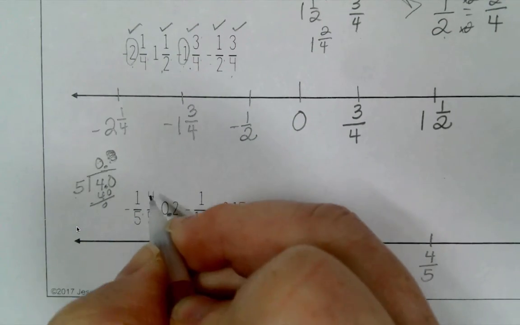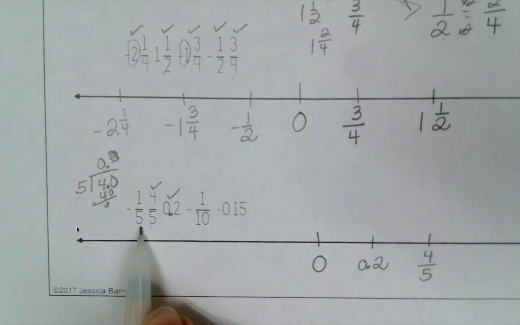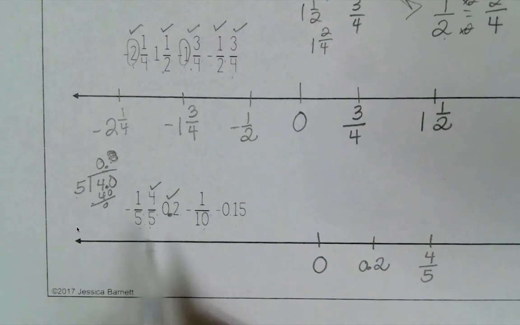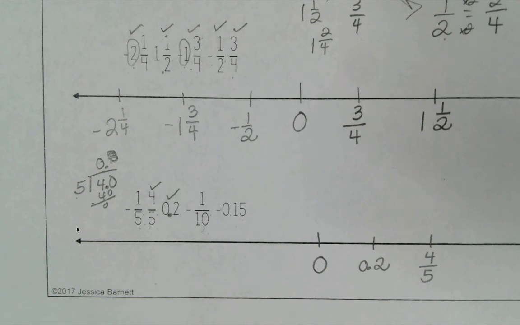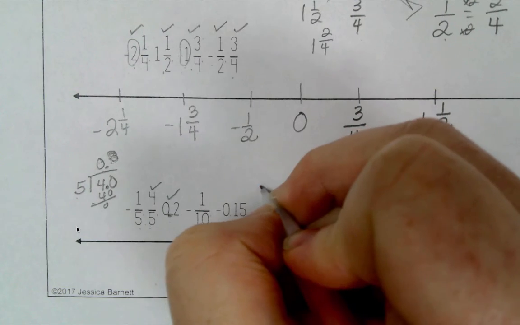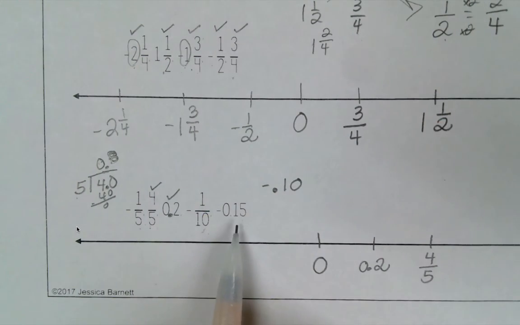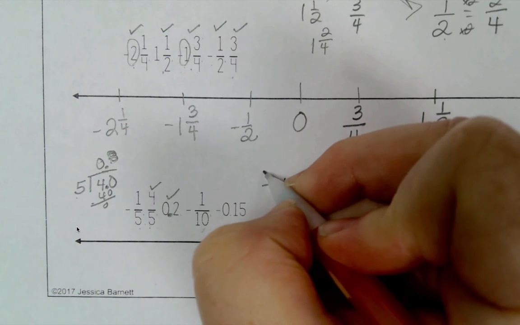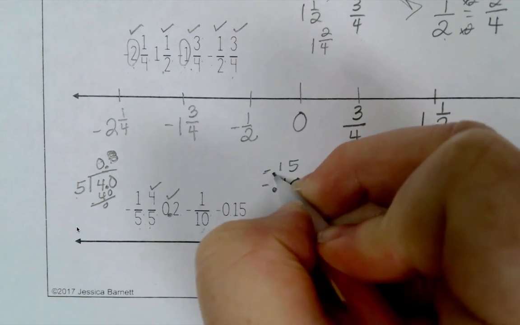Now if I'm just looking at my negatives, these are ugly. We got to turn these little nuggets into decimals. Let's start with this one, 1/10. I'm going to start stacking these: negative 15 hundredths.